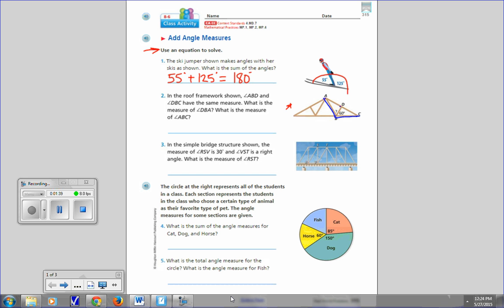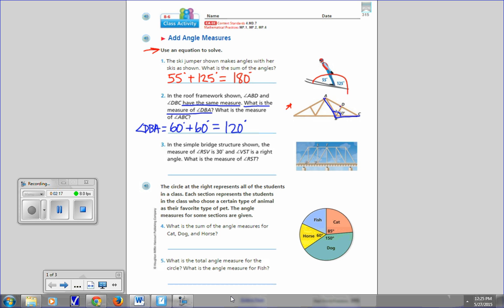So if this has the same measure as that, we know that that's 60 degrees. So 60 degrees plus 60 degrees equals 120 degrees. Good job. But the first question is, what is the measure? So the angle DBA equals 60 degrees because it says have the same measure. It's really important to read those problems completely through to make sure you understand every single part of it.